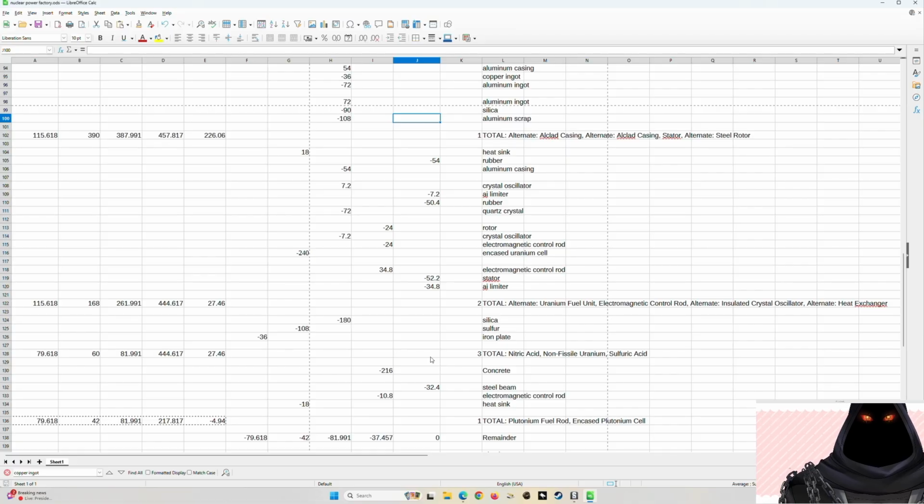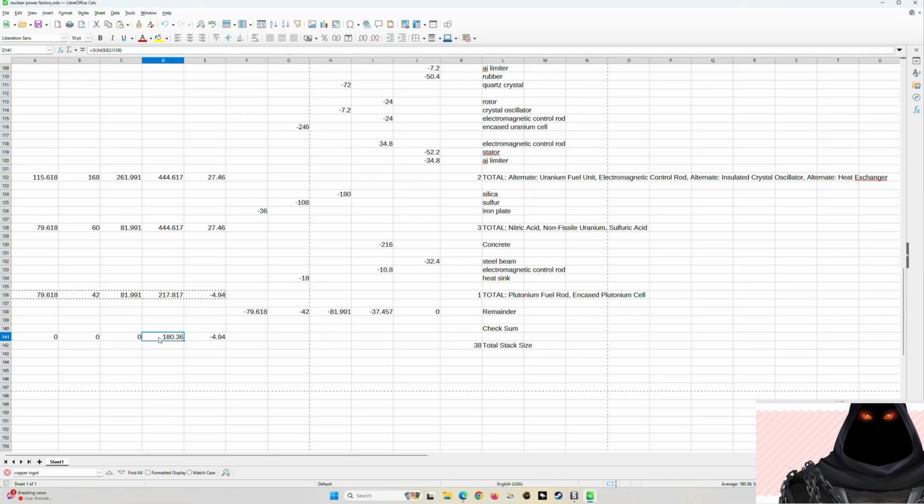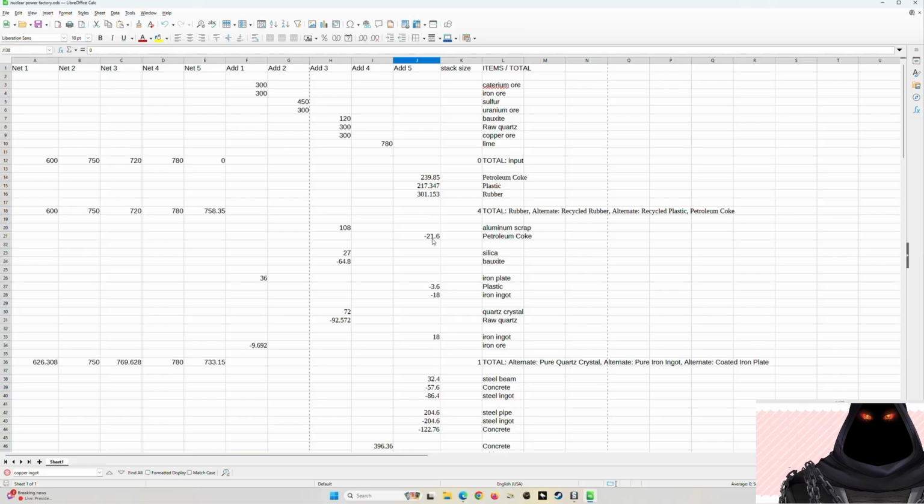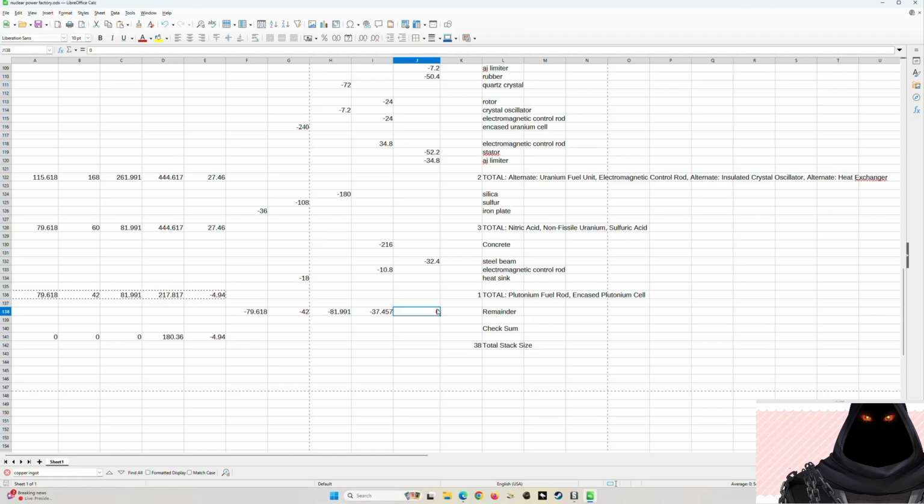This is going to be a much more drawn out process. Oh, actually, wait, hold on a second. Never mind. This should not be negative at all, so that means there's a number here that's not right.